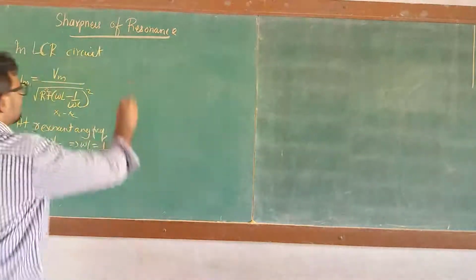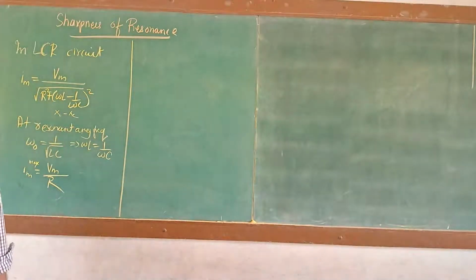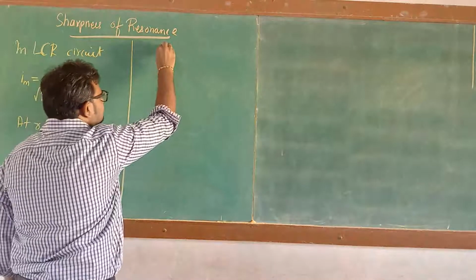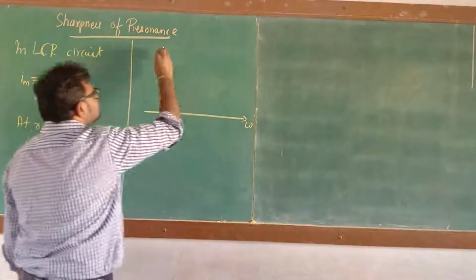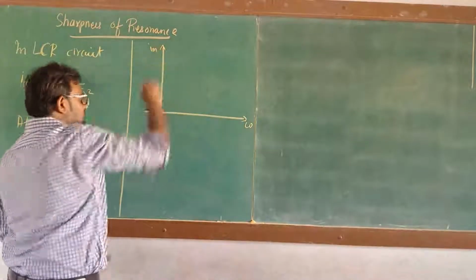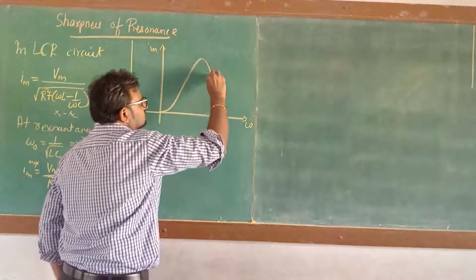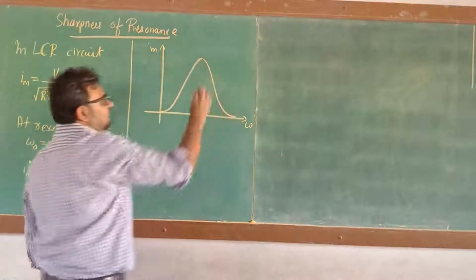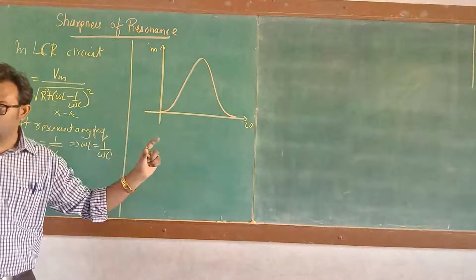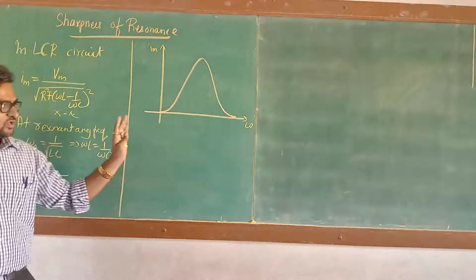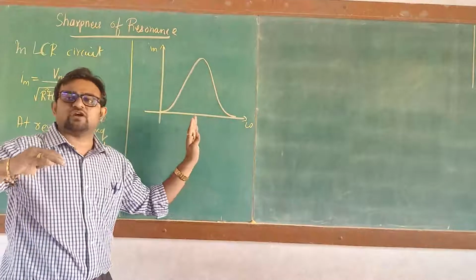Okay, so now see, if I draw a graph of Im versus omega, let's draw this graph. Here, these are different values of maximum current. As we increase the value of omega, the amplitude of current increases.